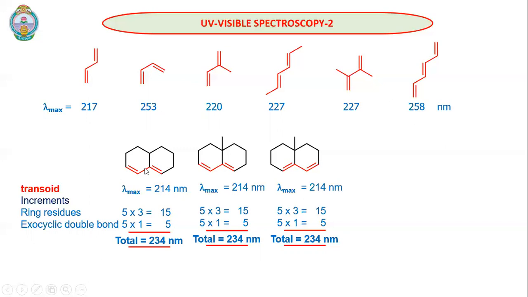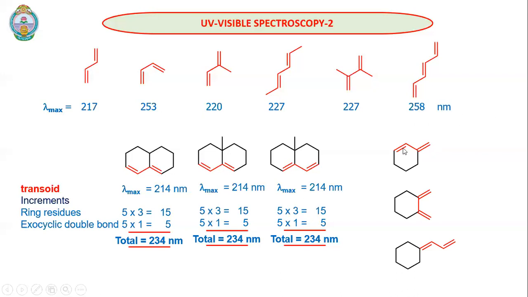But the UV spectrum will not give the complete structural details of any organic compound. So that is why UV-visible is of limited use in predicting the structure of compounds. Mostly it is used to support the other spectroscopic techniques.